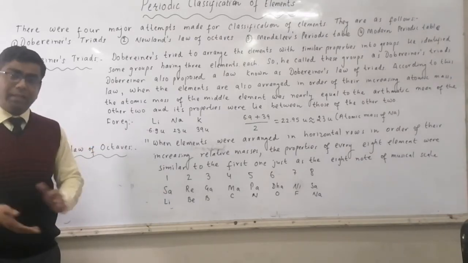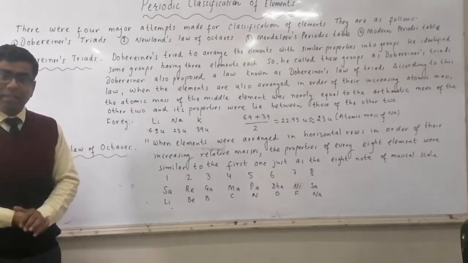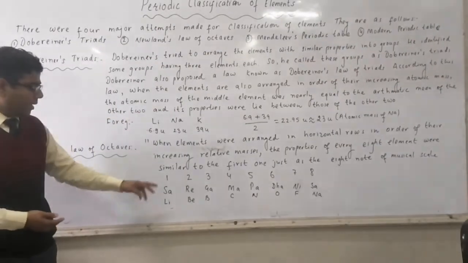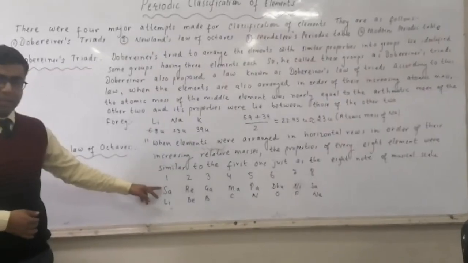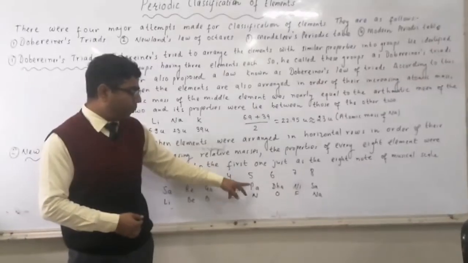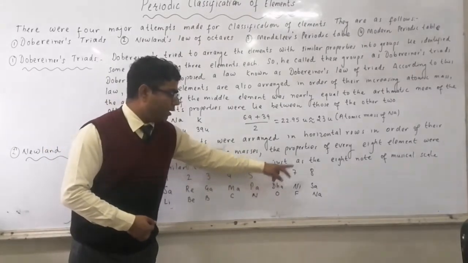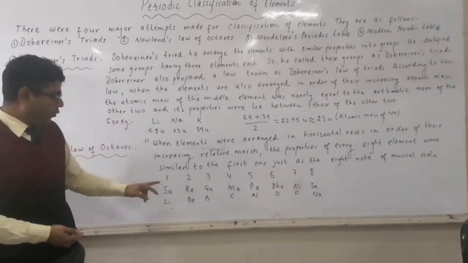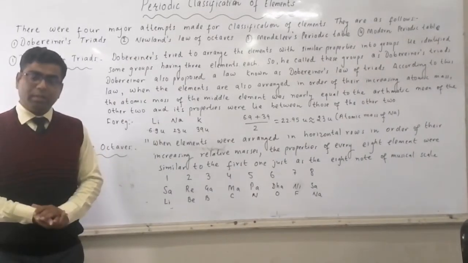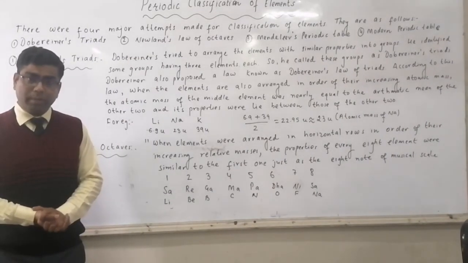If you know about the notes of the musical scale, sa, re, ga, ma, pa, dha, ni, sa: first sa, second re, third ga, fourth ma, fifth pa, sixth dha, seventh ni and eighth sa. First and eighth are the same if we talk about the musical note.